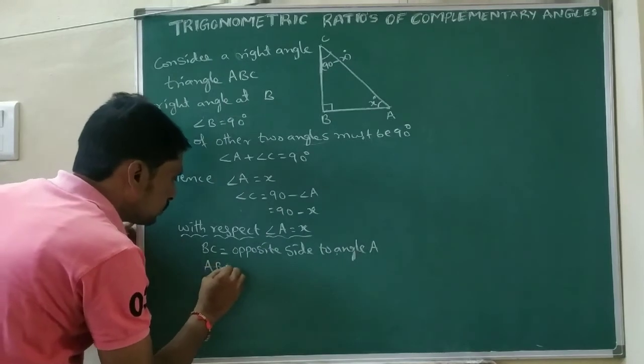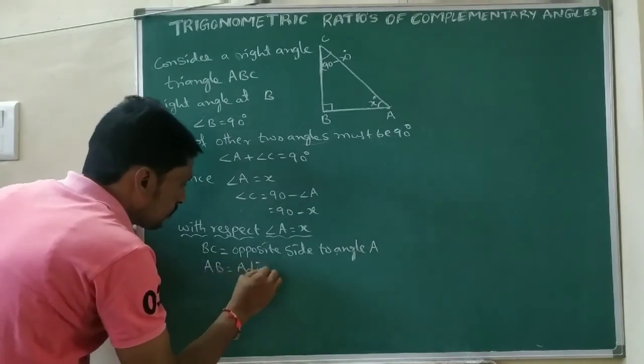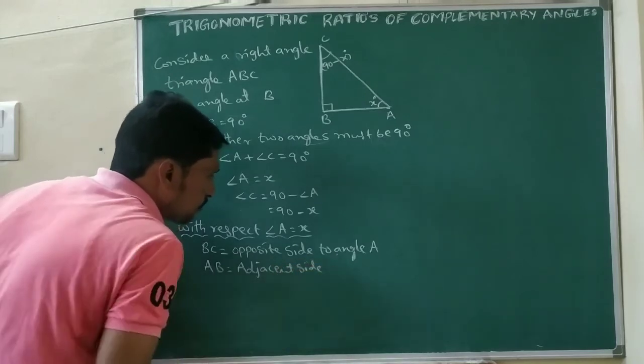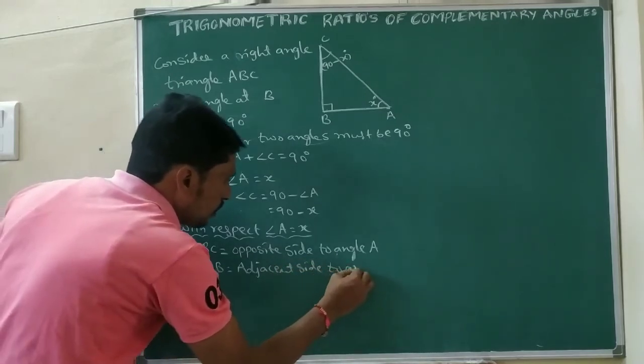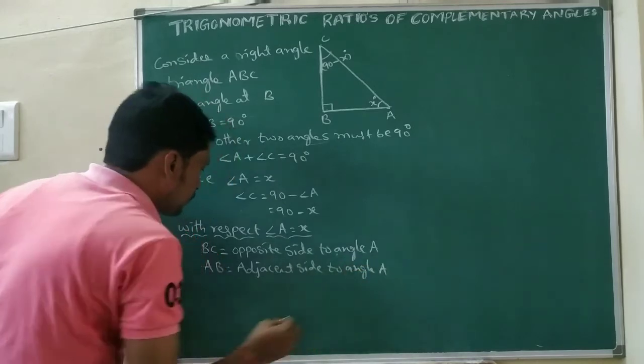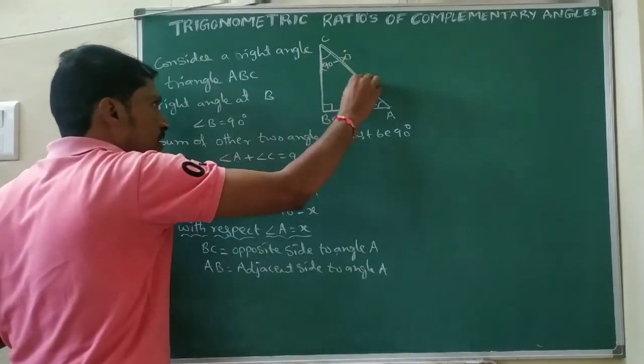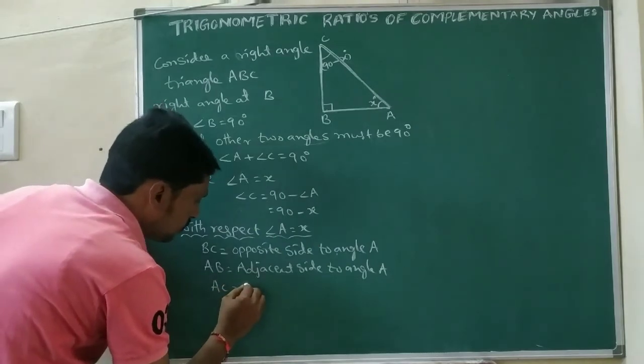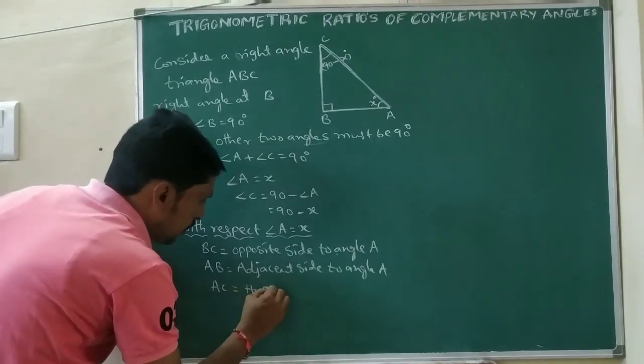AB is the adjacent side to angle A. Next AC. What is AC? AC is hypotenuse.